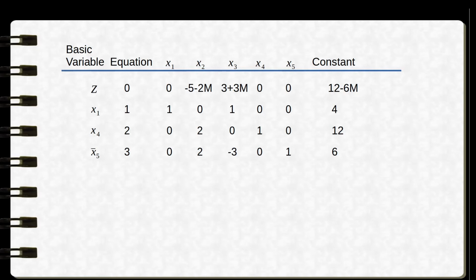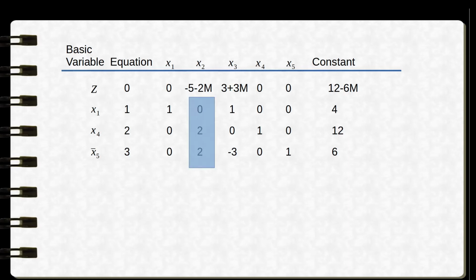Again, here what do we find? That if we move in the direction of x2, the increase is going to be 2M times. We cannot move in the direction of x3 because here the increase will be minus 3M times.